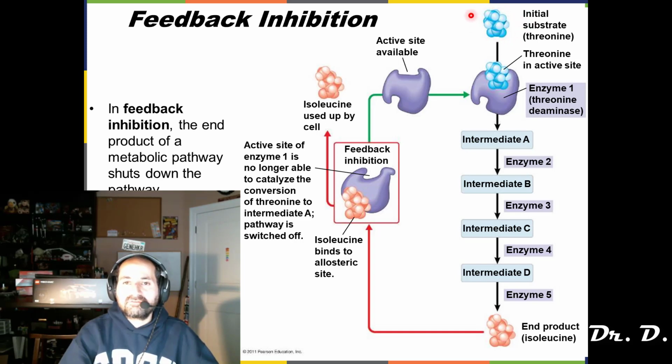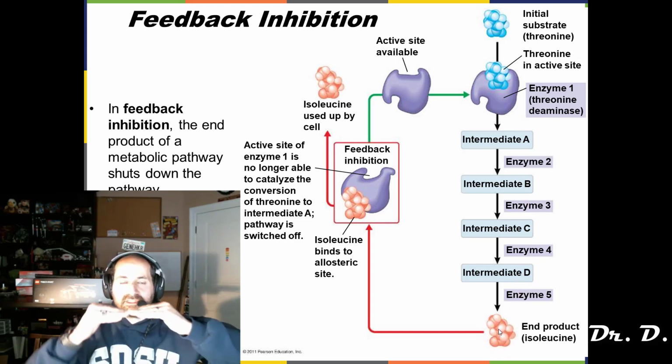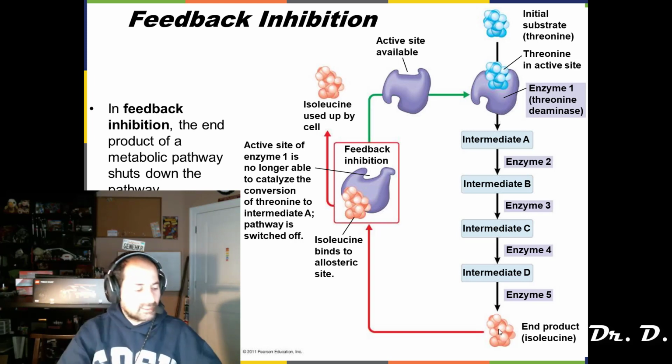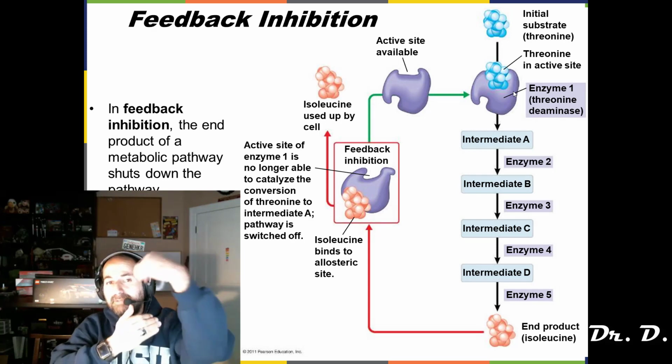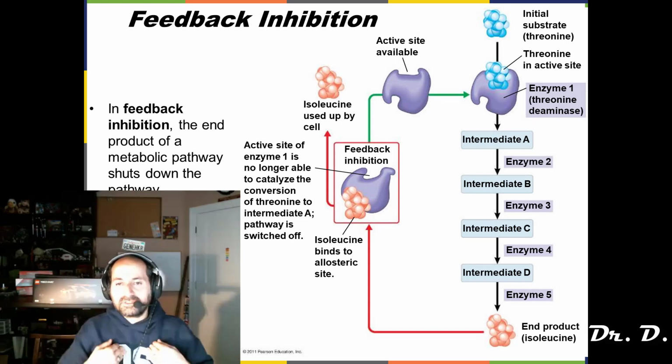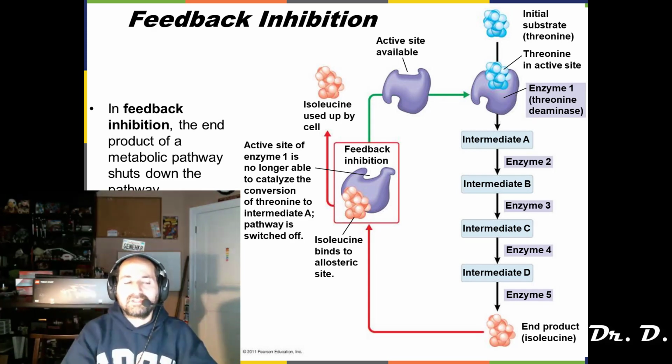Your cells want to convert the blue stuff into red stuff, but not all of the blue stuff. So what happens? Some blue stuff gets converted to red stuff. The red stuff accumulates until it reaches some threshold level. At that point, the red stuff itself comes back as an inhibitor, which can block enzyme 1. And if the product itself can feed back and block its own production, that's feedback inhibition.